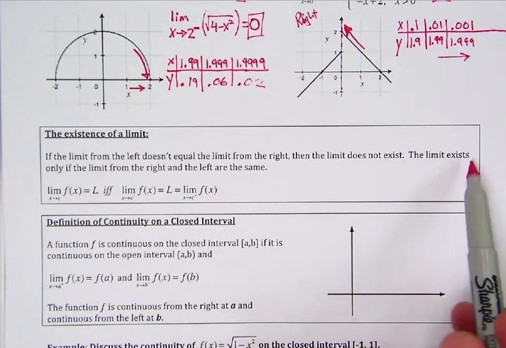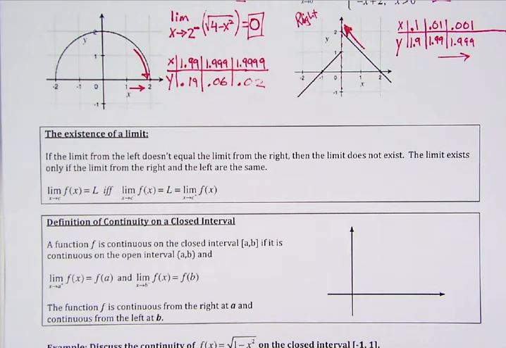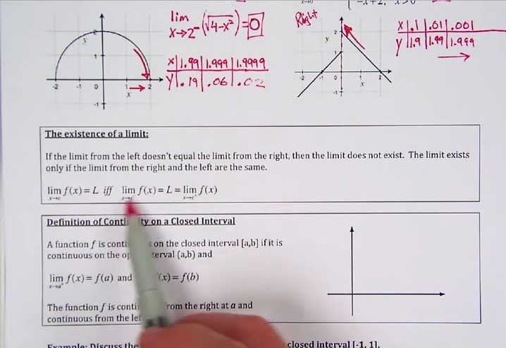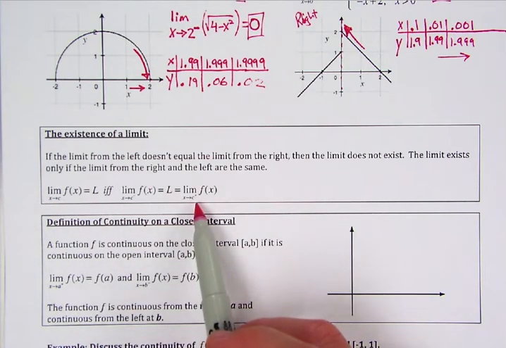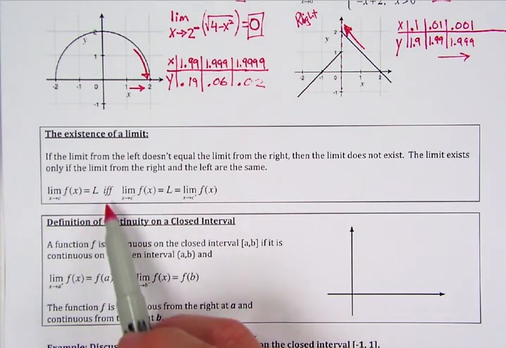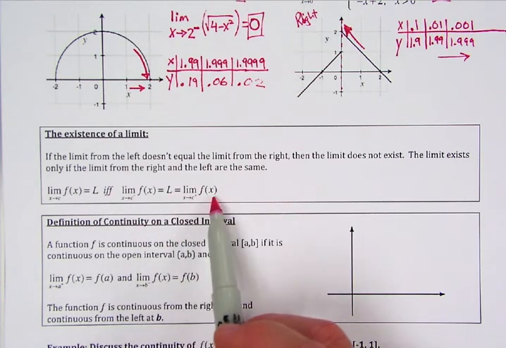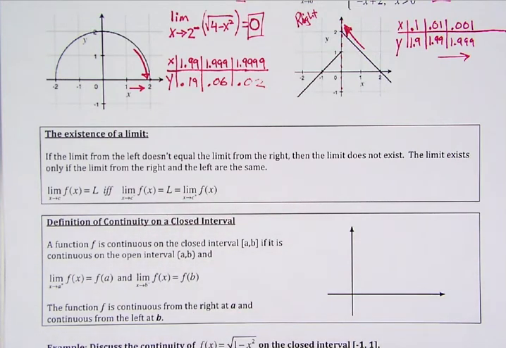So the limit exists only if the limit from the right and the left are the same. And here is exactly what that's saying in symbols. Our limit equals L if and only if the limit from the left equals L and the limit from the right equals L as well.